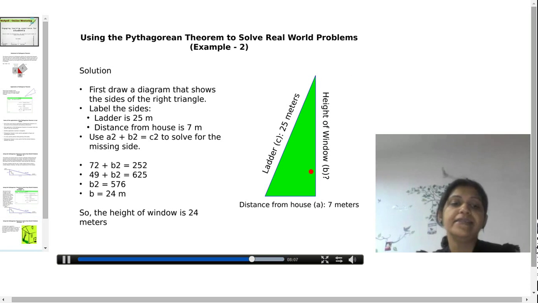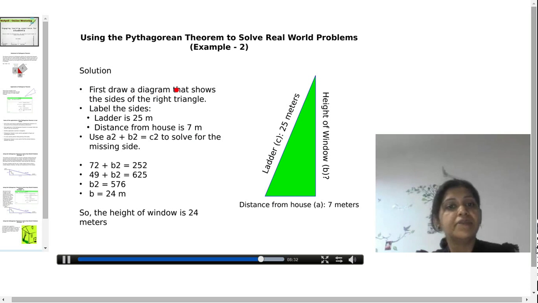So let us see it in terms of a triangle. So here hypotenuse is 25 meters, the distance of the ladder from the house is 7 meters, and we have to find the height of the window. So here base is 7 meters, hypotenuse is 25 meters and the perpendicular, that is the height of the window, we have to find out.